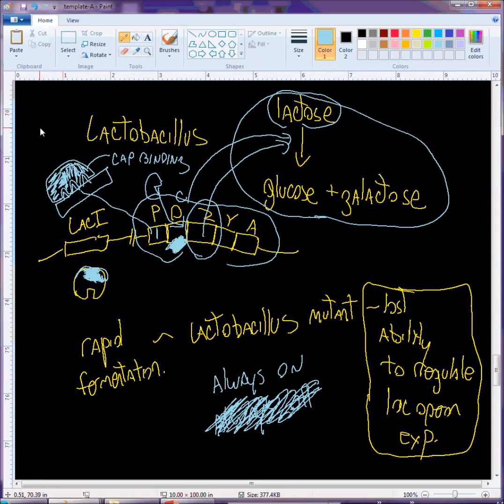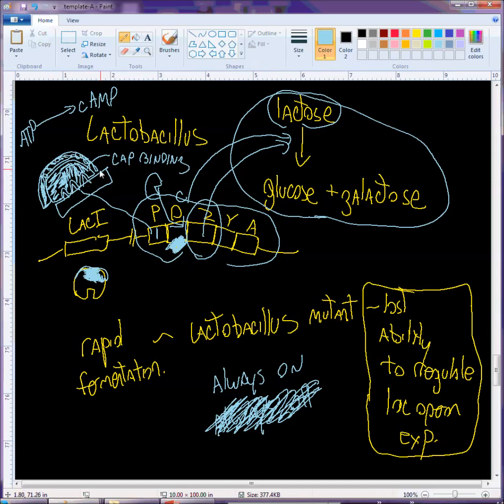Or maybe we can even have a mutation in adenyl cyclase. So adenyl cyclase now is always converting ATP to cyclic AMP. And if cyclic AMP is high, it'll always be bound to the cap activator protein.